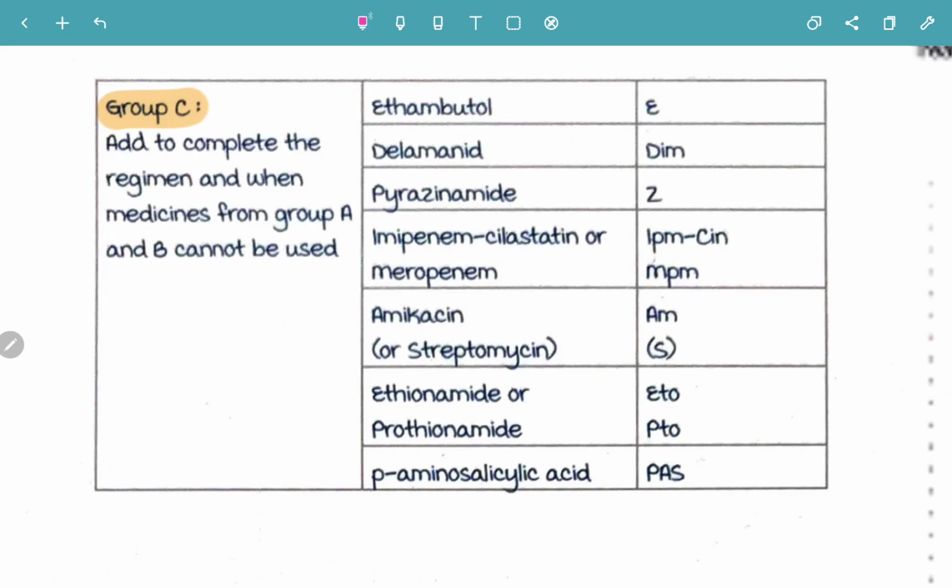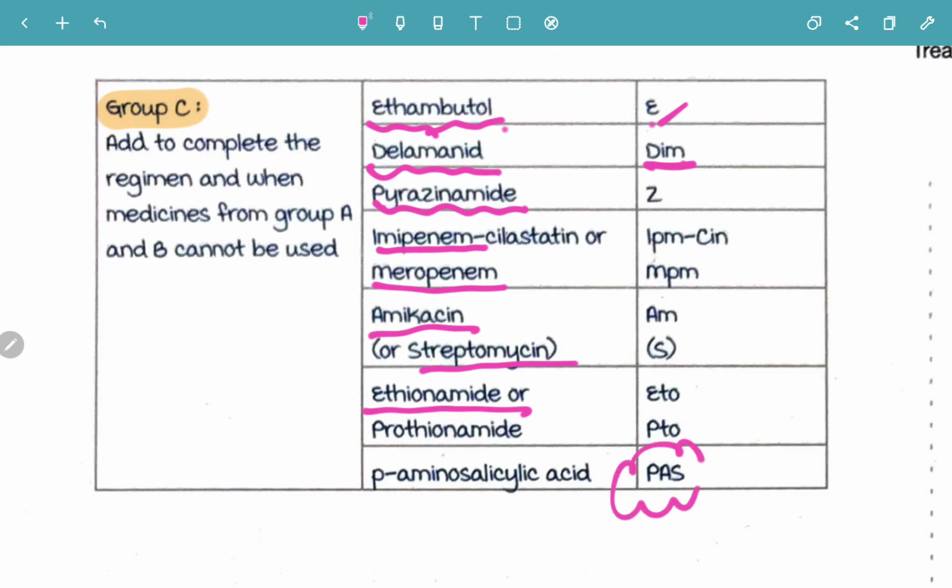E for ethambutol, DLM for delamanid, Z for pyrazinamide, and then you have imipenem-cilastatin or meropenem, and then amikacin or streptomycin, and then ethionamide, prothionamide, and PAS.